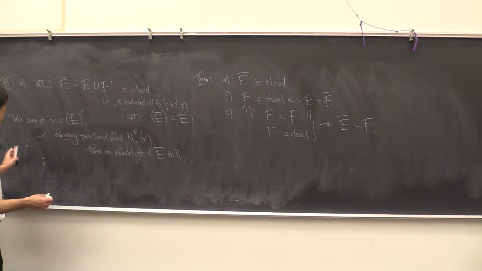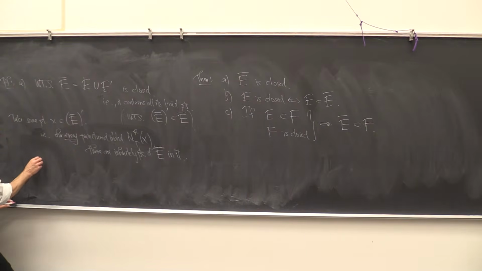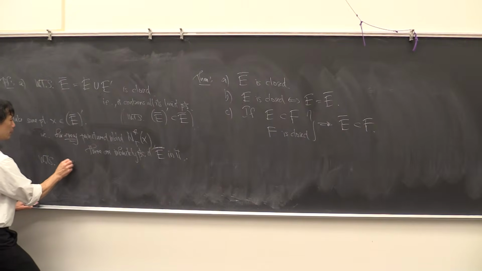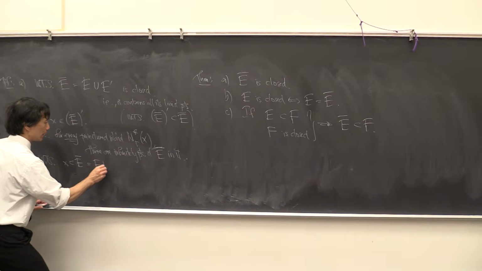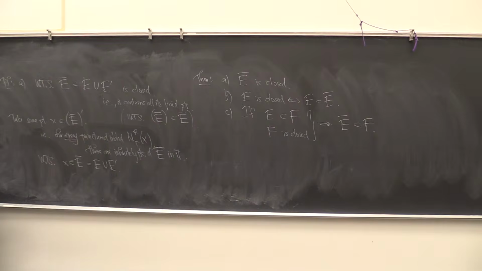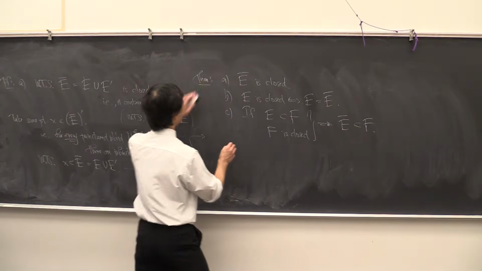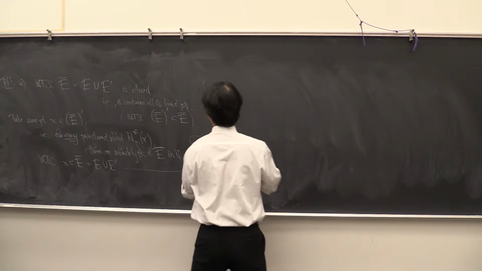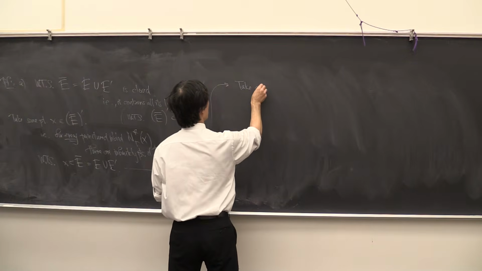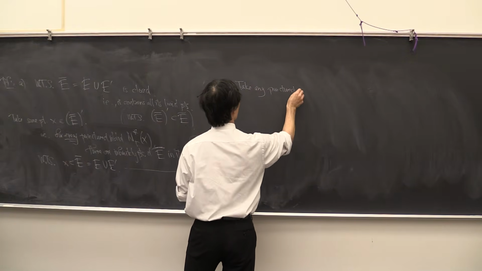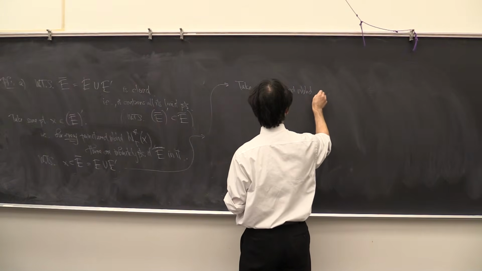Okay, so you say, okay, we want to show that this guy is actually in E bar itself. E bar is, of course, E union E prime. So take any punctured neighborhood of x.